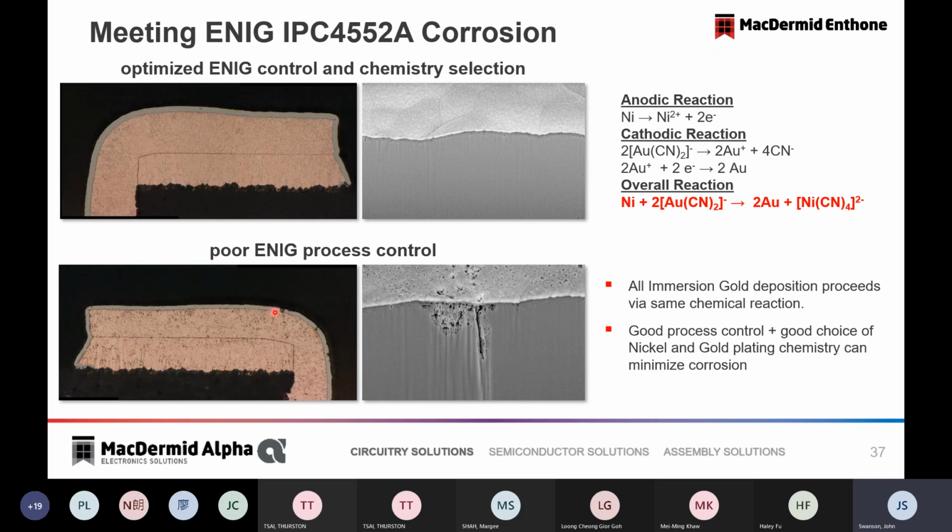On this, what we call the knee of this hole, you can see some significant corrosion. And if we take a microscope picture of that, we can see more clearly this corrosion. And that occurs when the gold chemistry is attacking the underlying nickel. So this is, again, some attention in the industry to this subject at this time.